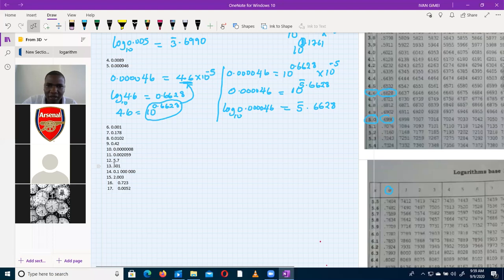Number 13, 0 point. Number 5. Number 15. Number 12. But we have enough numbers. I can even delete this. Remove it. I can also delete this one. The numbers we have are just enough for us to practice.